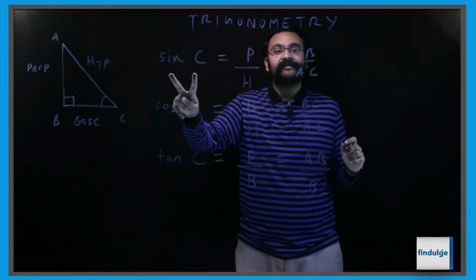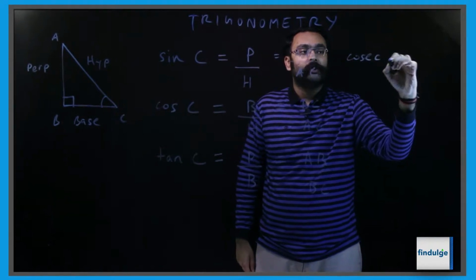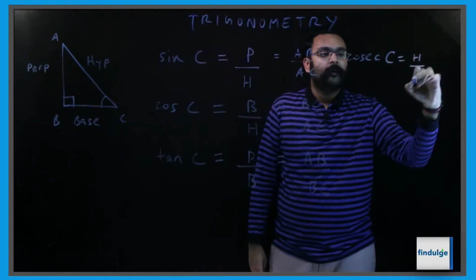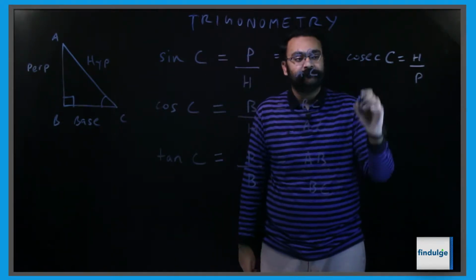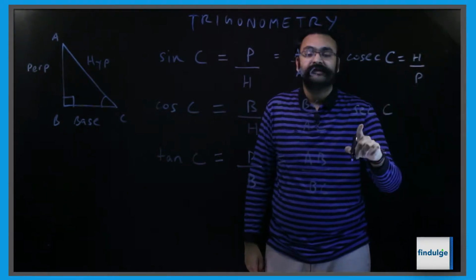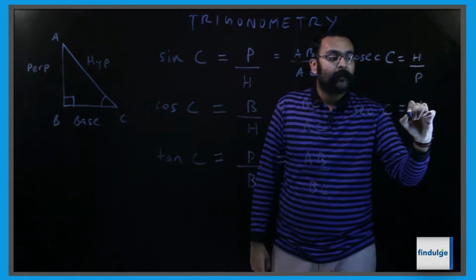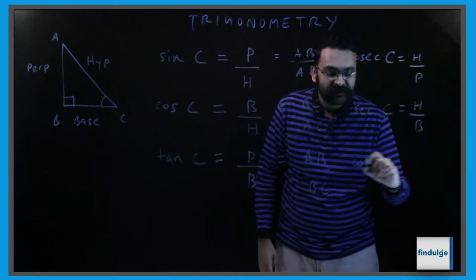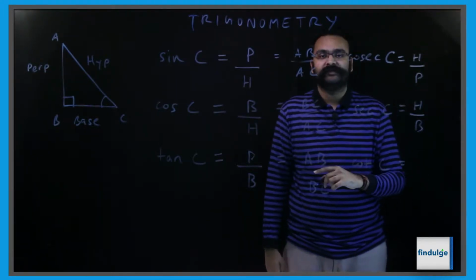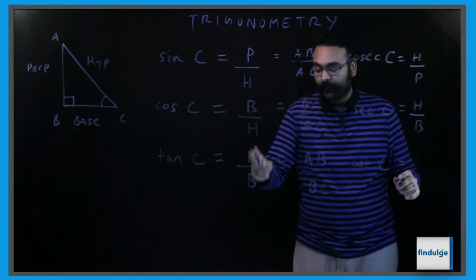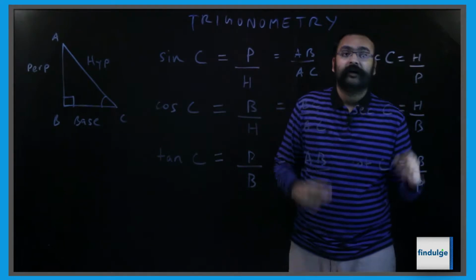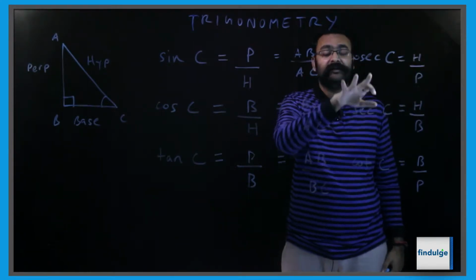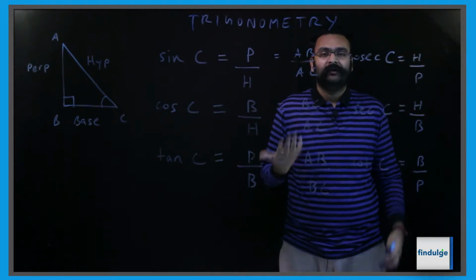So while you have sine C, you have something known as cosec C. And cosec C is simply H upon P, or as I said, inverse of sine C. You have sec C, which is nothing but H upon B, or inverse of cos C. And you have cot C, which stands for cotangent of C, so cotangent, and this will be base upon perpendicular, or inverse of tan C. So the full forms of this is known as secant, this is known as cosecant, and this is known as cotangent. But again, that is not critical.